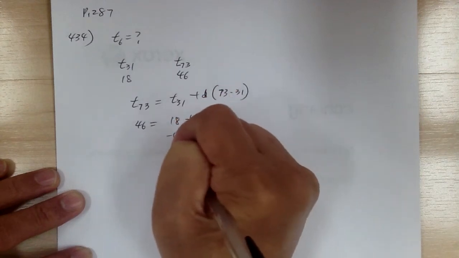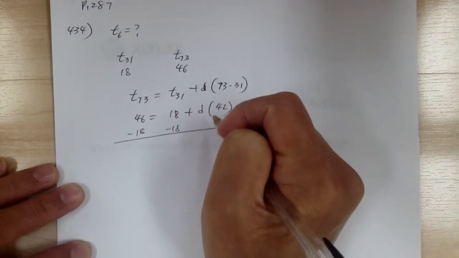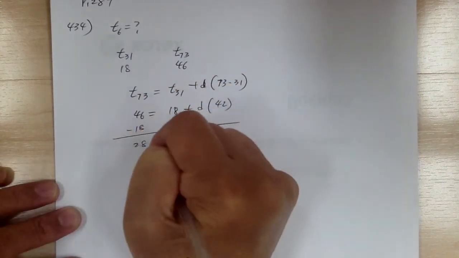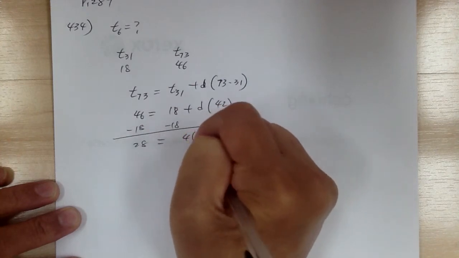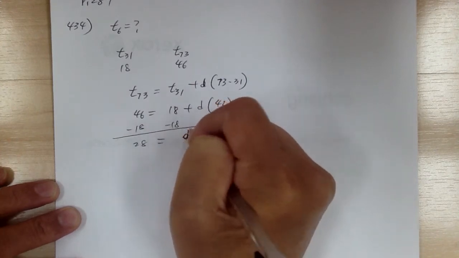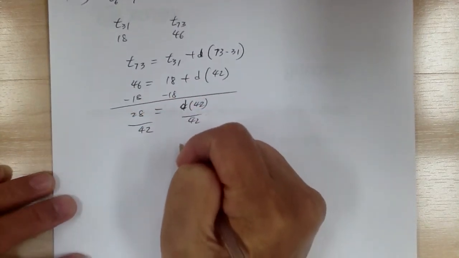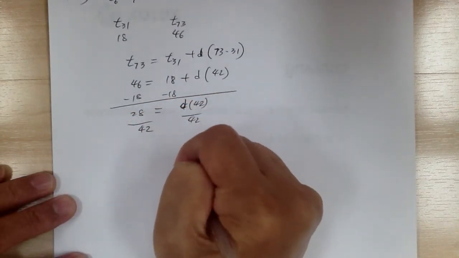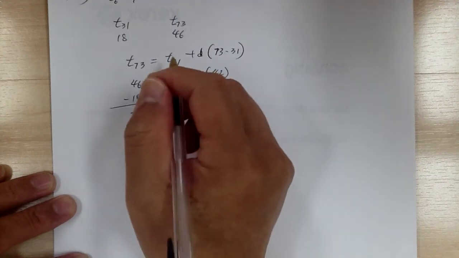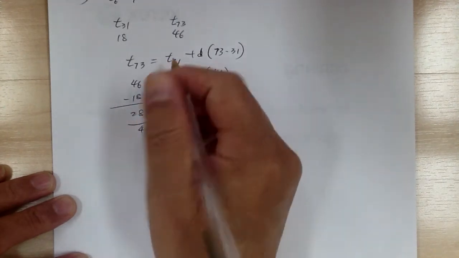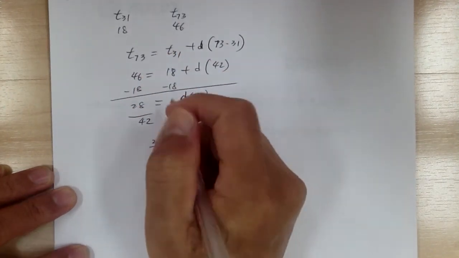Then minus 18 on both sides, so you get 28 equals D times 42. Then you divide by 42, so D equals, and you can reduce this by 14, so it'll be 2 over 3.